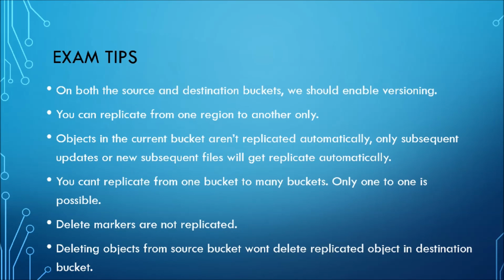The advantage of this is that if we have accidentally deleted our file from the source bucket, we can always restore it from the destination bucket. The final one is that deleting objects from the source bucket won't delete the replicated object in the destination bucket. Even if we delete our source bucket object, it won't delete the object in the destination bucket.